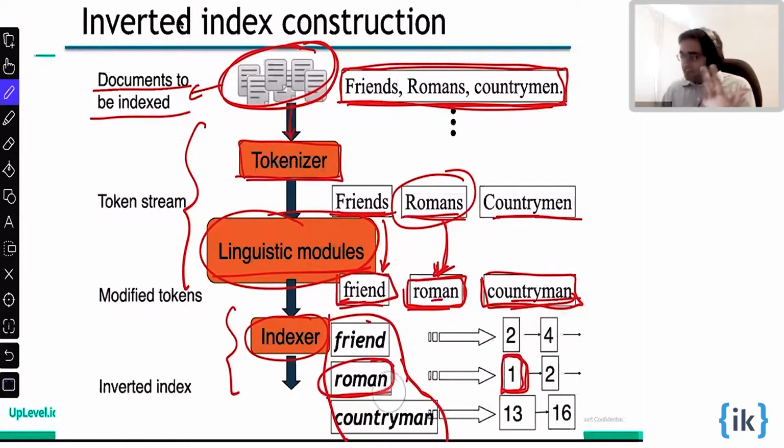Then you do this for all the words in the first document, and then you move to the second play of Shakespeare. And let's say in the second play you find the word friend, you find the word Roman again, so you add an extra entry to the growing postings list for Roman. You start a postings list for friend.